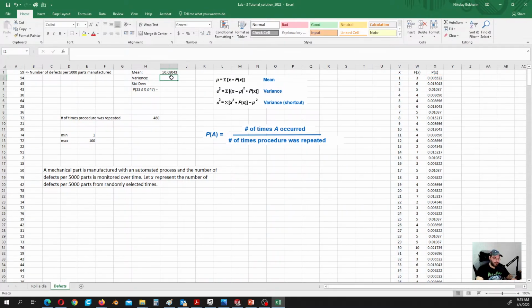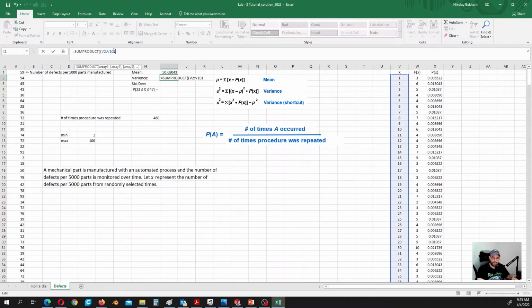Okay. Then we can calculate the variance using our shortcut formula. So SUMPRODUCT of our x's. So again, we go from V2 to V101.